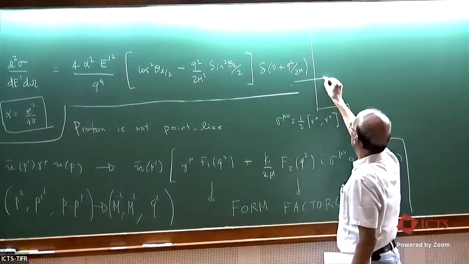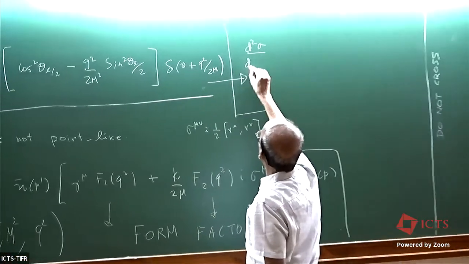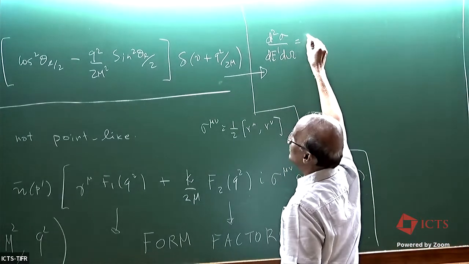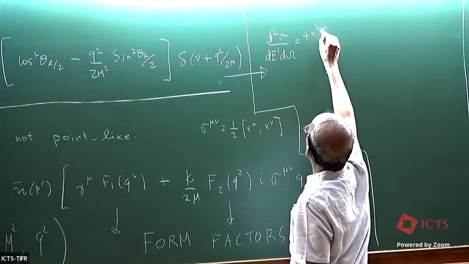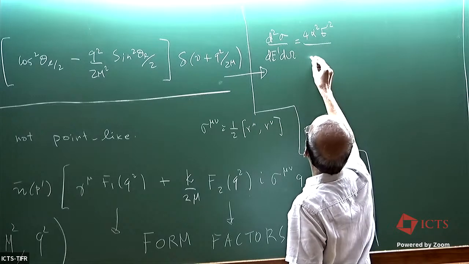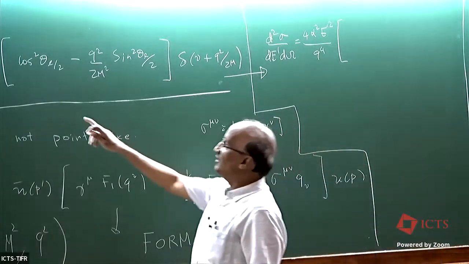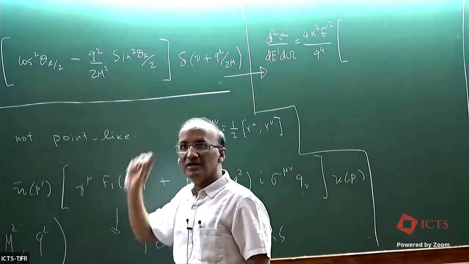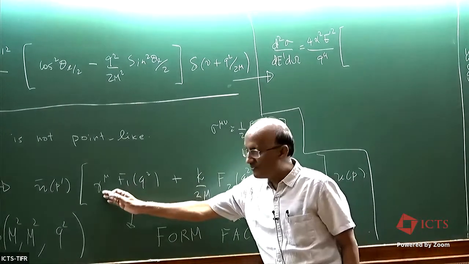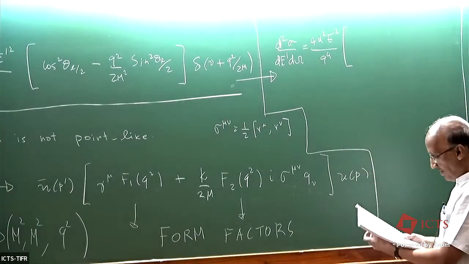So this modification would look like d square sigma by dE prime d omega equals 4 alpha square E prime square over q power 4. So it changes only the coefficients of these two quantities. Because of the simple-looking Dirac structure, the structure of gamma mu and sigma mu, all it does is change the coefficients. How does it change?